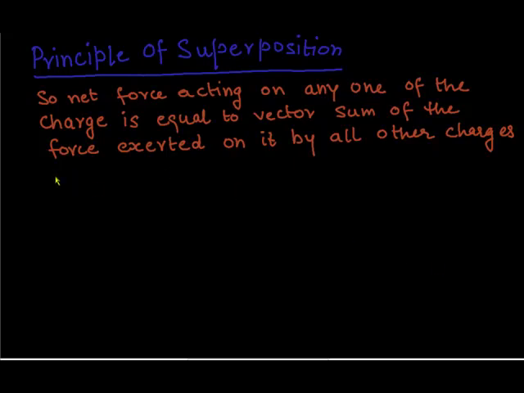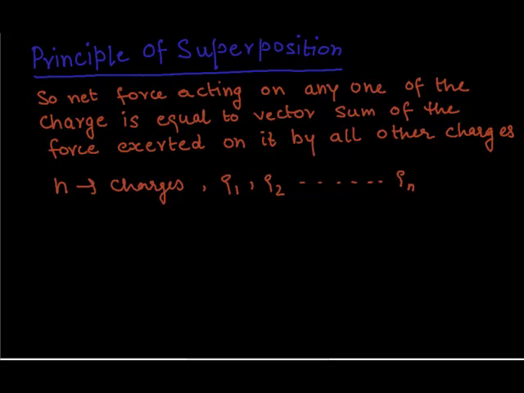To explain this, consider a system consisting of n charges, say Q1, Q2 up to Qn.